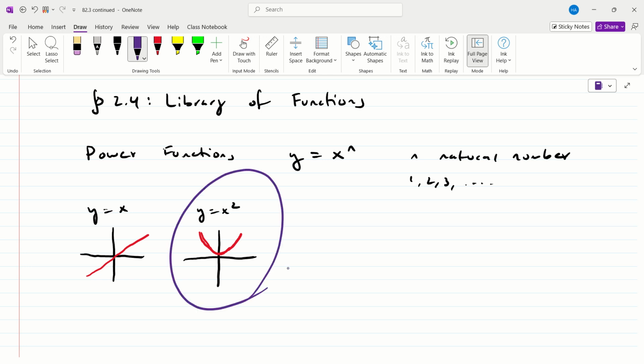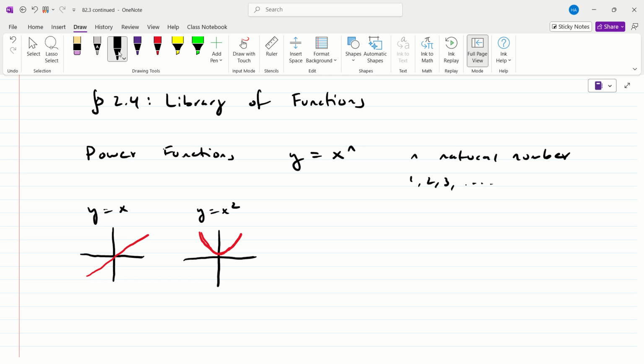For y equals x squared, as your x's go to negative infinity, far to the left-hand side, your y values go up to positive infinity. And on the right-hand side, as your x's go to positive infinity, your y values go to positive infinity.